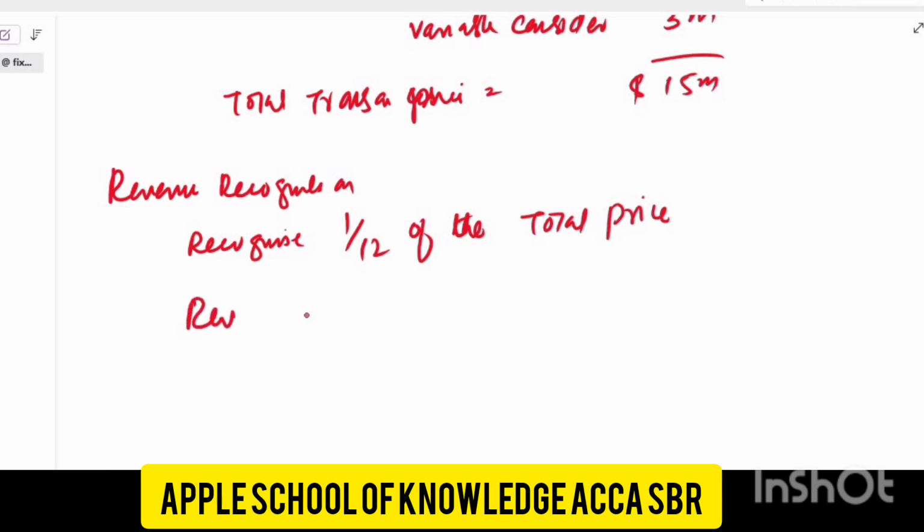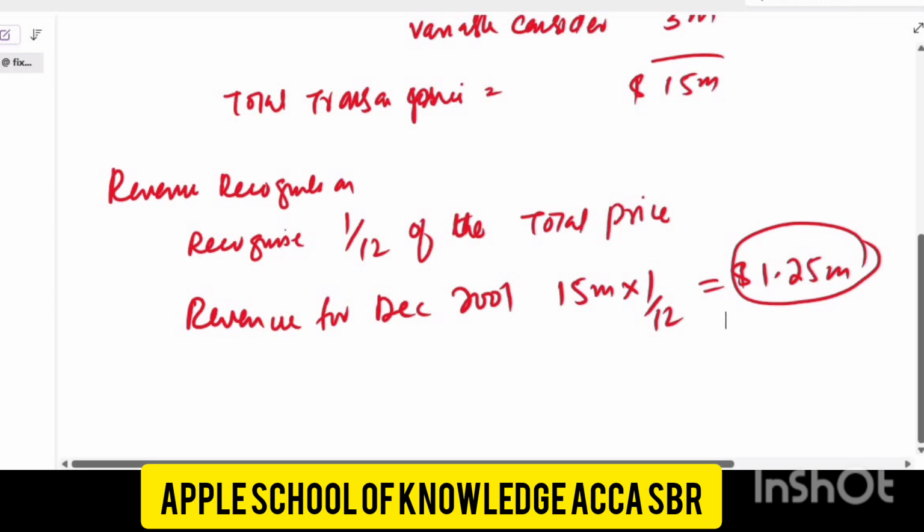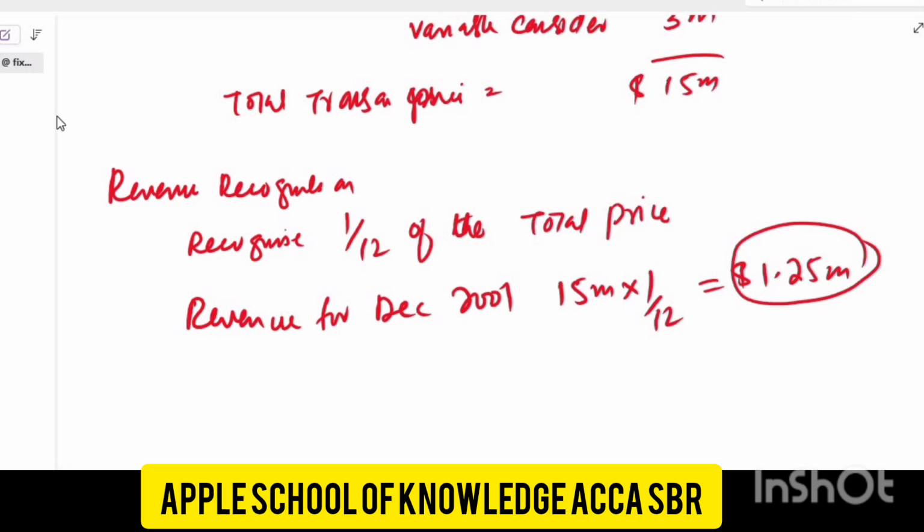So the revenue for December 2001 will be 15 million multiplied by 1/12, and you will have 1.25 million. This will be for year one, which is only 1 month. Clear?